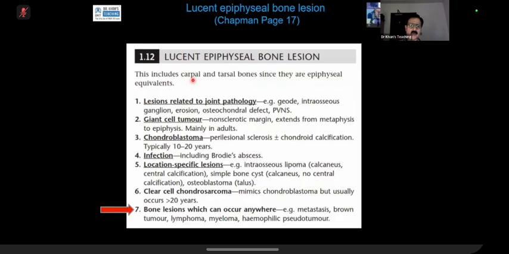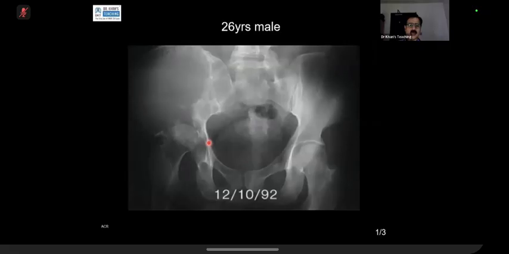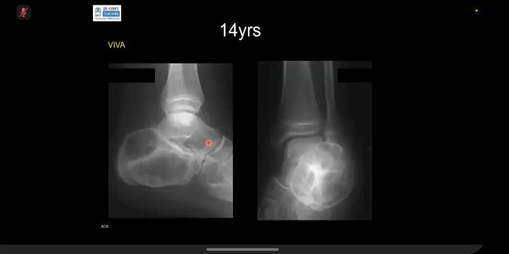I always tell you that in Chapman, one line can save a case for you, and this is the concept: tarsal bones, all of them, are considered epiphyseal equivalent. So you are in a way fine. So I'll definitely like to keep chondroblastoma in the differential.